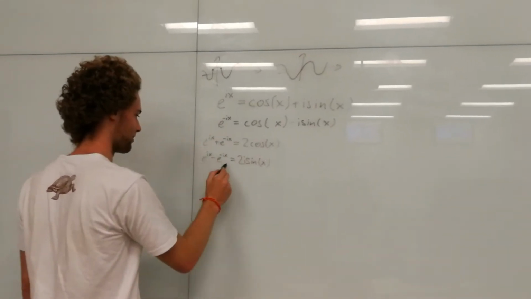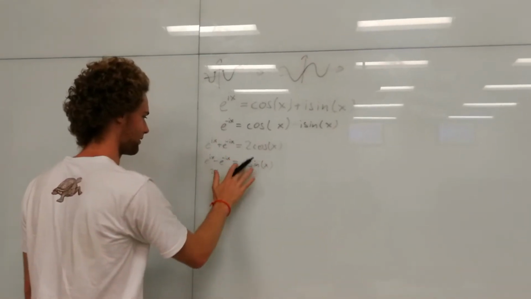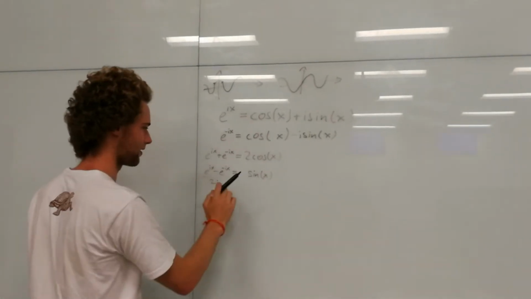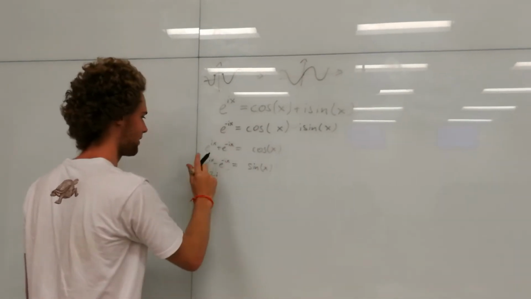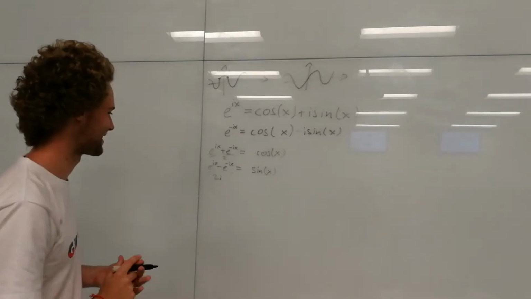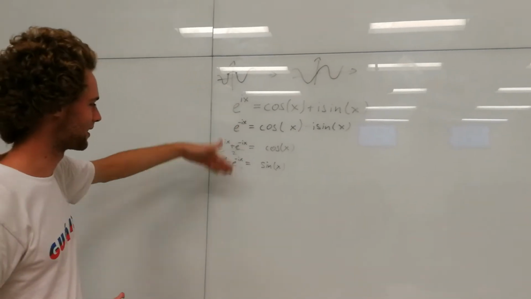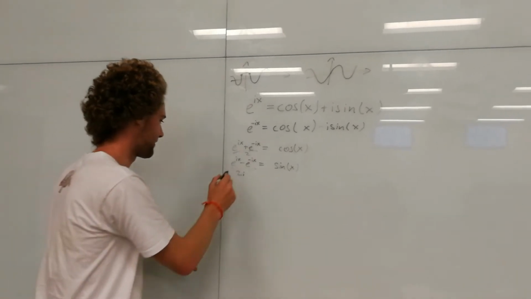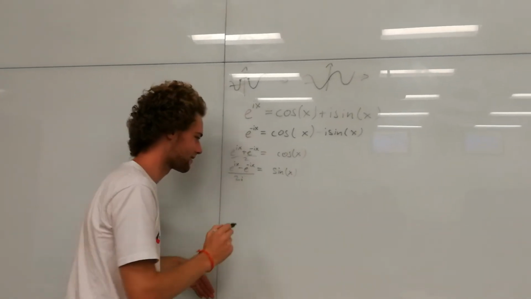We'll just put it over here. So you usually see it like that. That's sine of x, and that's cosine of x. So these are some identities we're going to use soon, and now let's jump into some calculations.